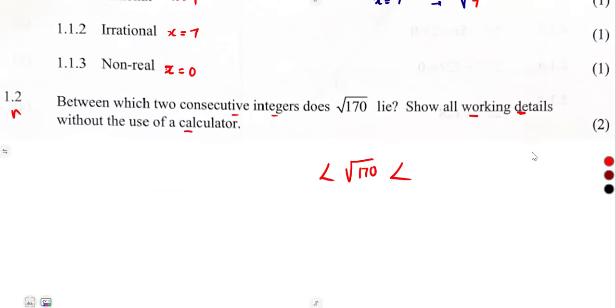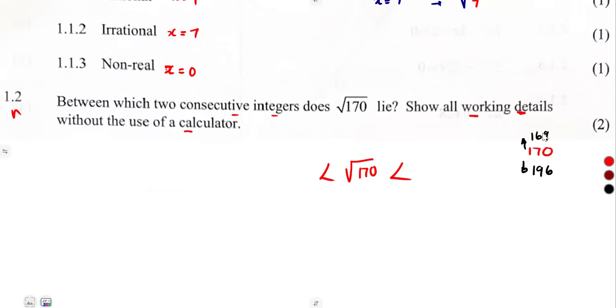So you check, 170 is not a perfect square. So what is the perfect square before 170? Just before that, there is 169. What about after 170, as you are working with the perfect squares? There is 196.